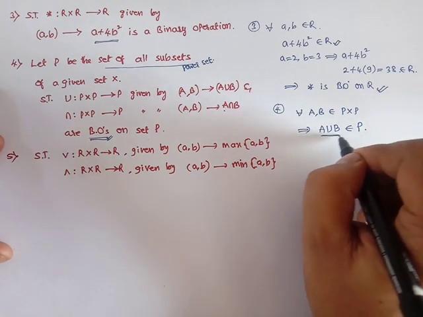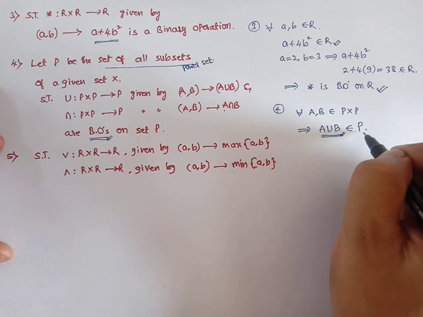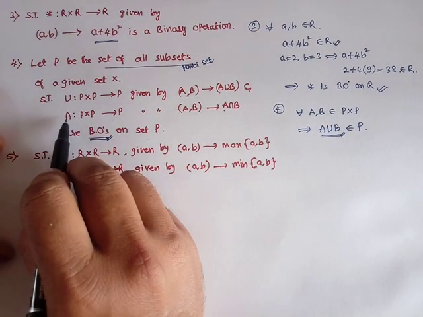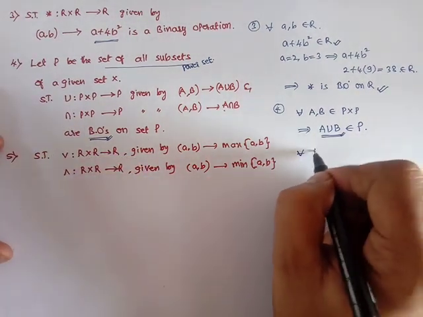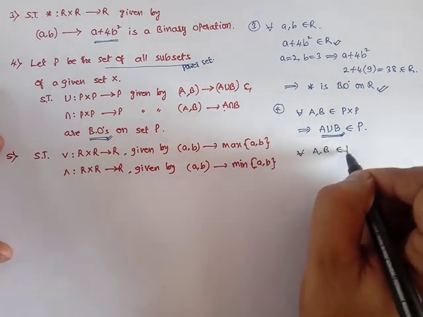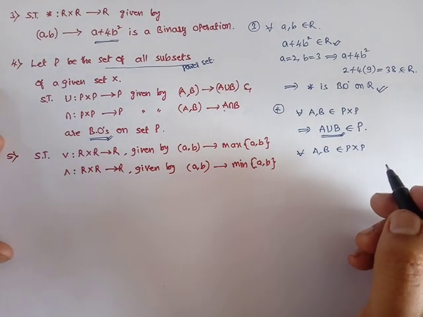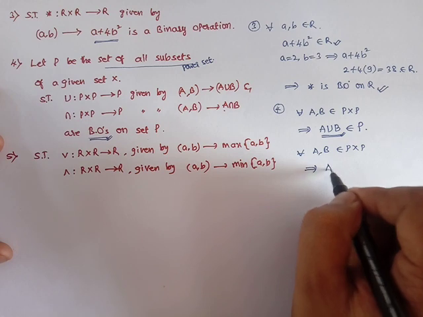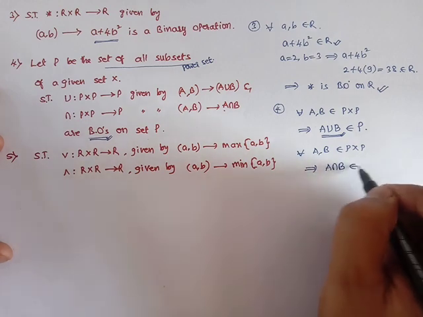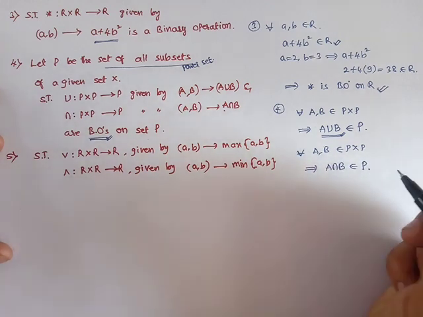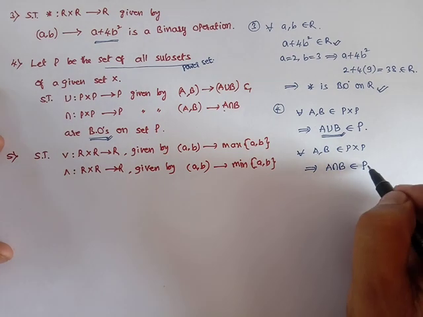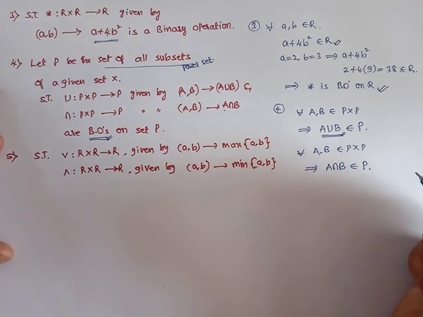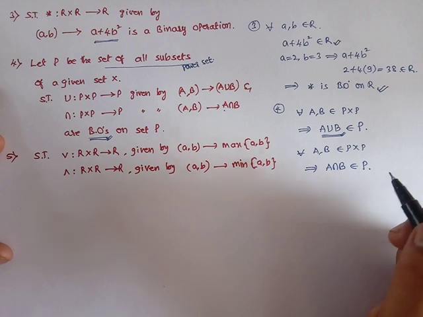So definitely a union b belongs to P. And coming to the intersection, taking any two sets belonging to P cross P, the intersection of those two sets also belongs to the power set, because P will contain phi and P will contain the maximum set, that is P.